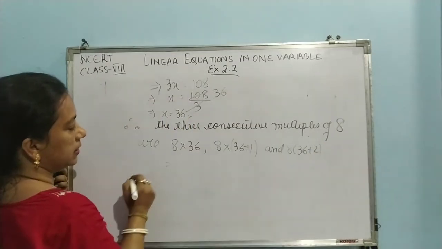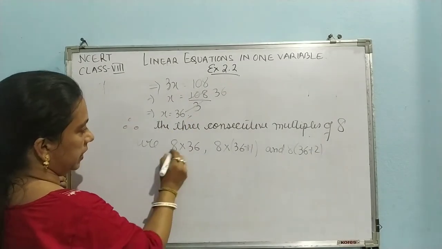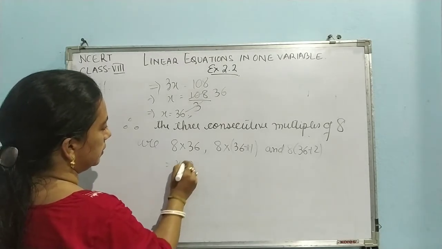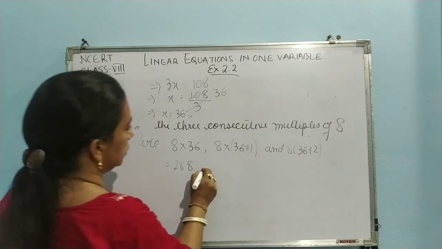Very simple. That is equal to 8 6s are 48, 8 3s are 24, 288.